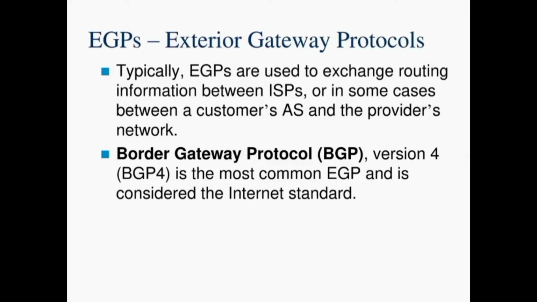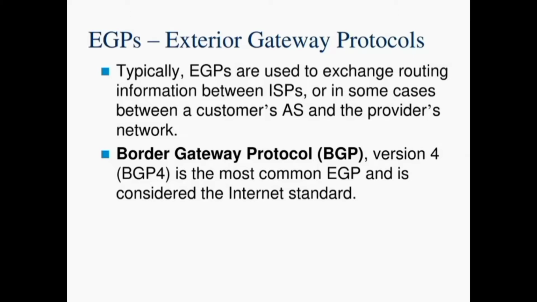The first was the Exterior Gateway Protocol, EGP, which had a number of limitations, perhaps the most severe of which was that it constrained the topology of the internet rather significantly.